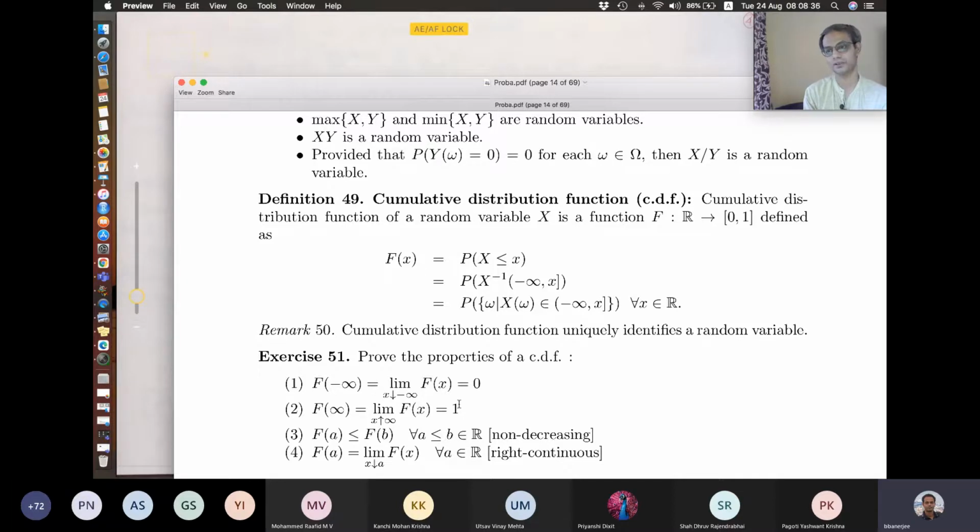Can you have two CDFs, one staying above the other? Sir, eventually they will merge to one. Eventually they will merge to one, but asymptotically also, is it possible that one CDF, Fx, is always strictly greater than the other?